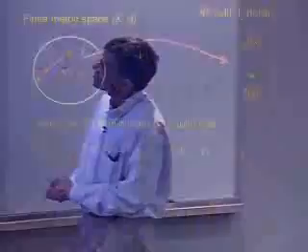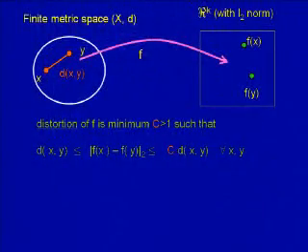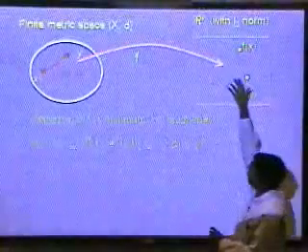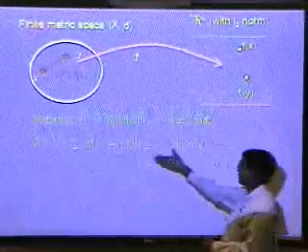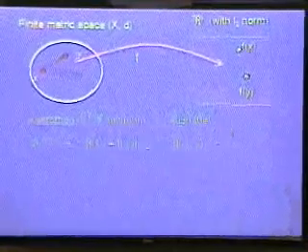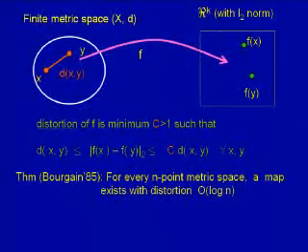Let's say we are trying to embed into Euclidean space. Each x and y maps to some f(x) and f(y). The distortion is the minimum quantity c such that for every x, y in your space, the distance in the target space is sandwiched between the original distance and c times the original distance. So that's the distortion of the embedding.